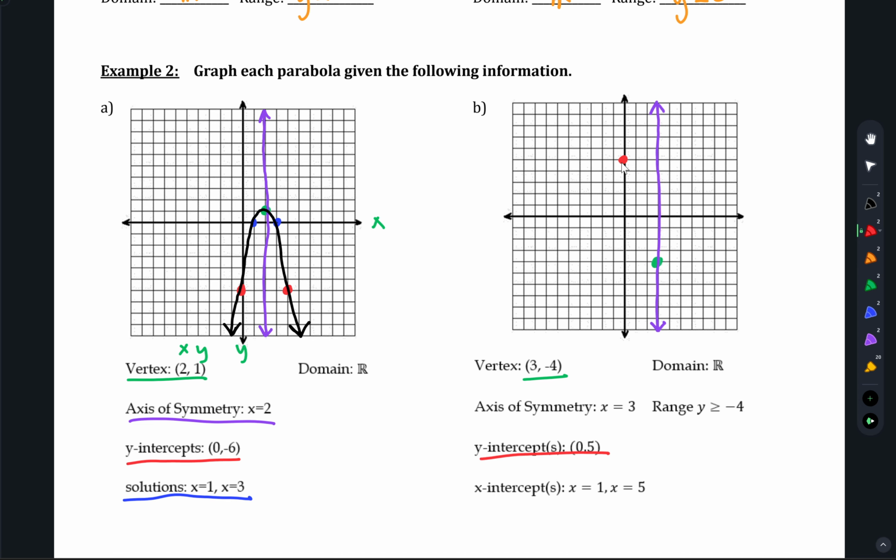So take that point, flip it over the axis of symmetry. Its reflection goes over there. And then the last thing I have is some x-intercepts. One at 1 and one at 5. And then we fill it in. Good. Any questions on this?